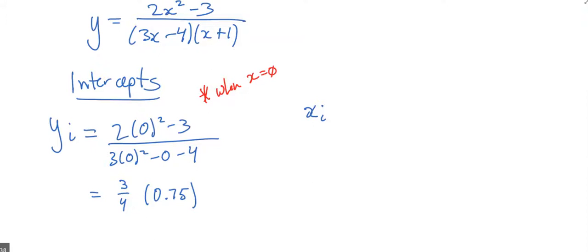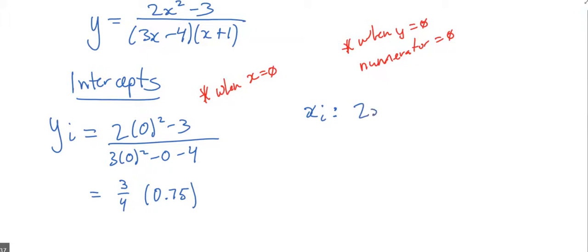What about x-intercepts? Thank you, very nice. So there's two ways you could think about this. Technically, it's when y equals 0. But in this case, when does y equal 0? When the numerator equals 0. And so for this one, sometimes it's obvious and easy.